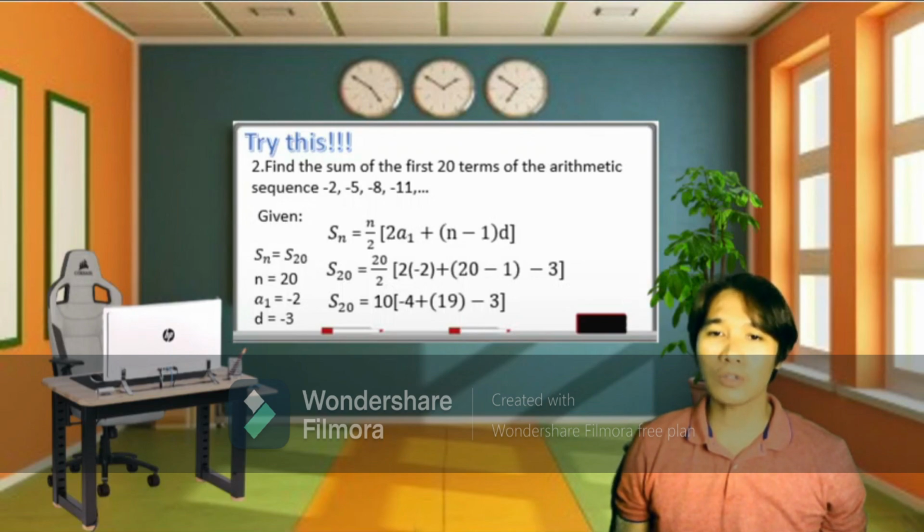Then 20 minus 1 is 19. Then 20 divided by 2 is 10. Then solve again all the numbers inside the parentheses: 19 times negative 3 is negative 57, so we have negative 4 plus negative 57, which is negative 61. Negative 61 times 10 is equivalent to negative 610.